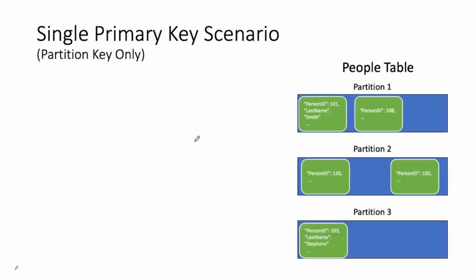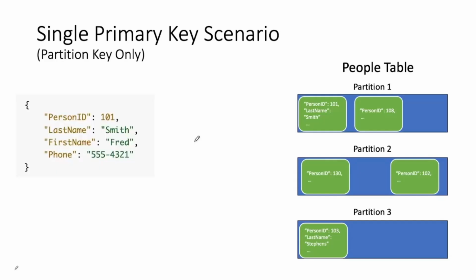So here we are talking about the single primary key scenario where the primary key is based on the partition key only. The people table was an example of this scenario. So if we look further here, what we are representing is, the people table is partitioned, and the partition key is leading us to the entry within the people table.